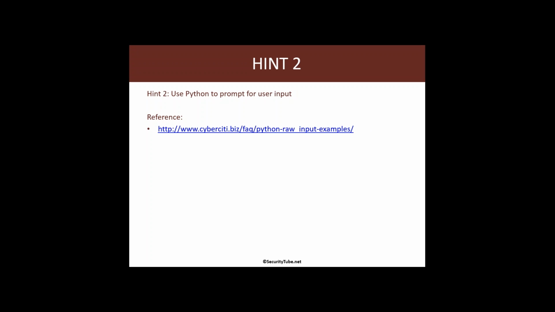Now, I showed you the difference between input and raw_input. Input is how you take in integers. raw_input is how you prompt for a string. It's how you take in a string. Then how do you search for a string in a list? So how do you check to see if an item is in a list?